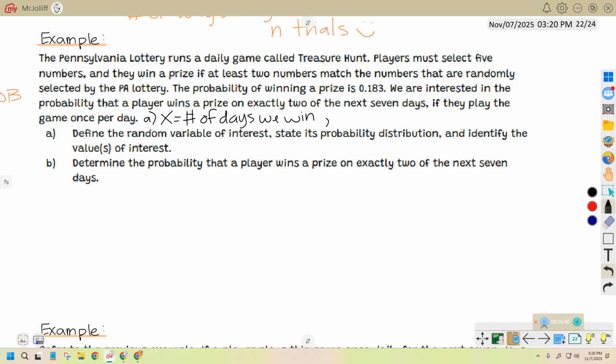So we know X follows a binomial distribution. And in those parentheses, number of trials, probability of success. I defined what X was. I indicated which distribution it followed and gave the relevant values for that distribution.